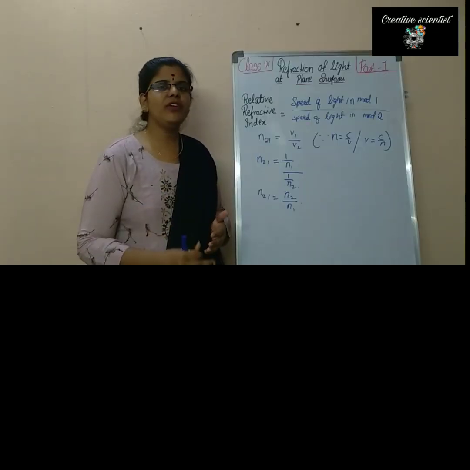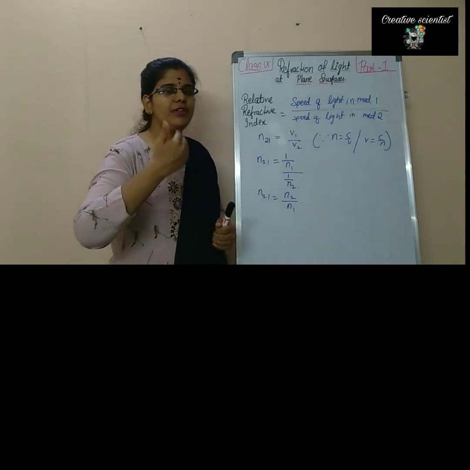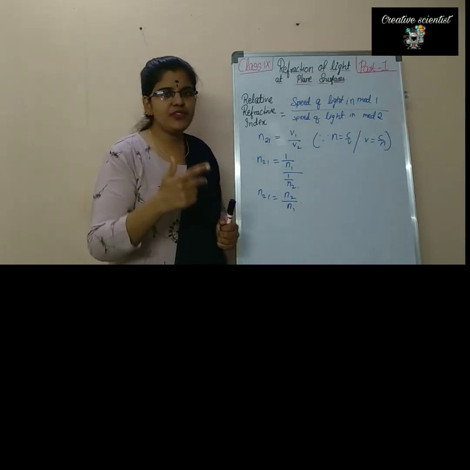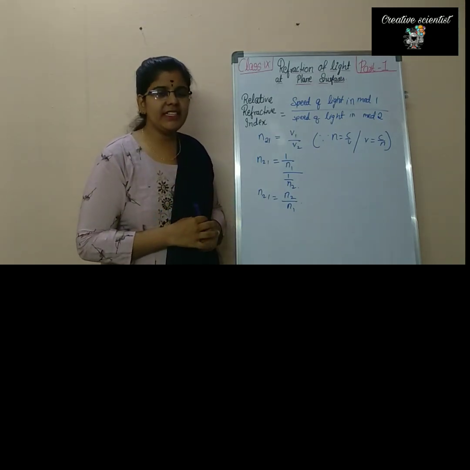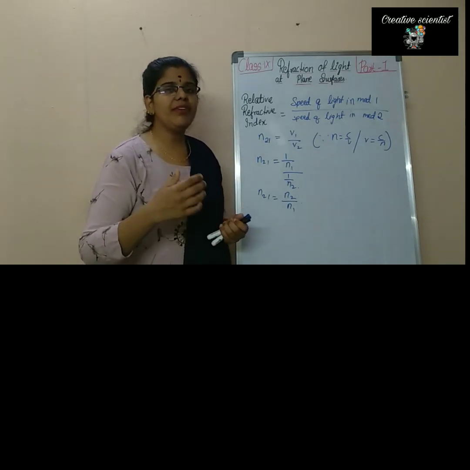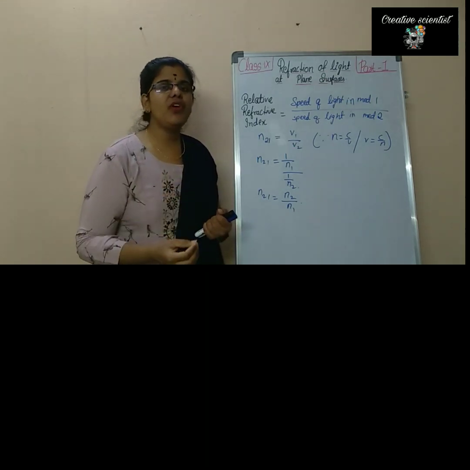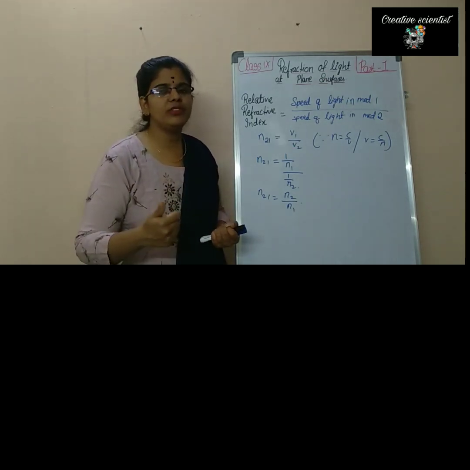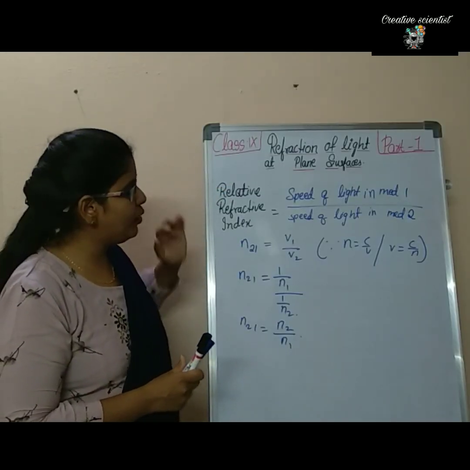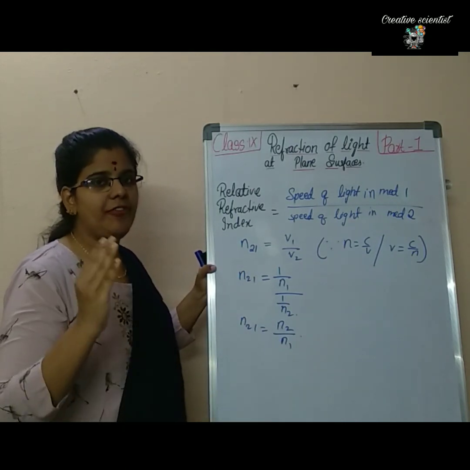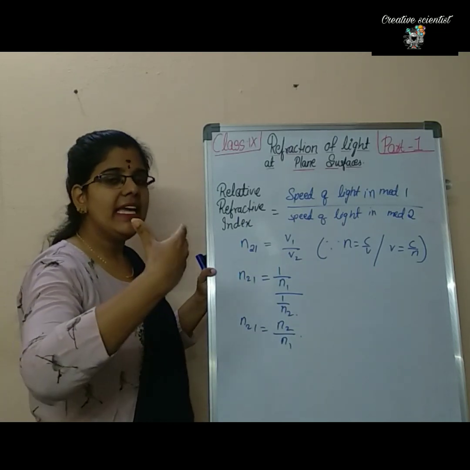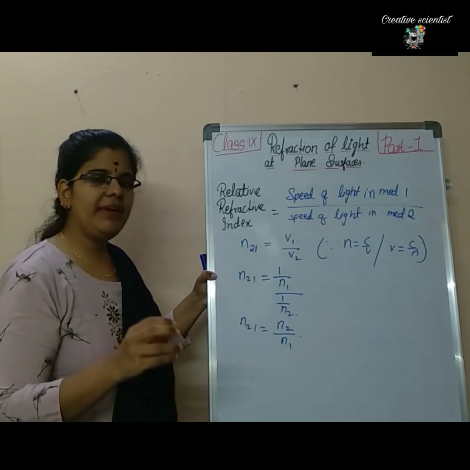Relative refractive index is nothing but the ratio of the speed of the light in medium 1 to the speed of the light in medium 2. For the speed of the light we will take V. We don't take C; we take C only when the speed of the light is calculated in vacuum. In the rest of the mediums we take V.